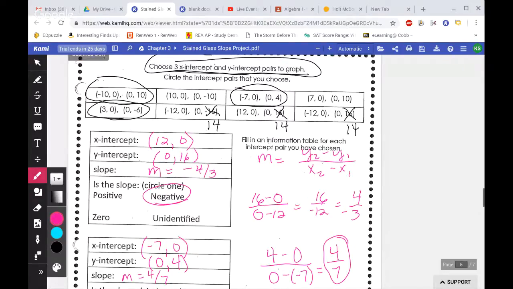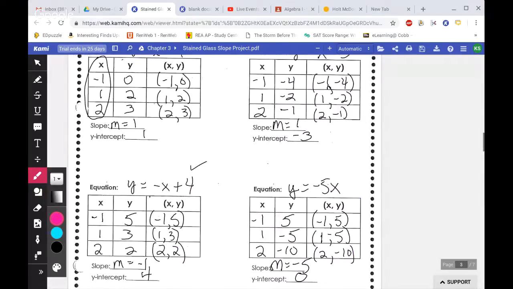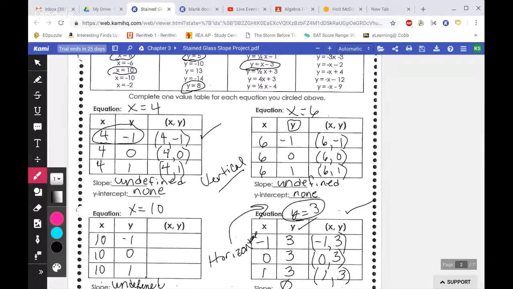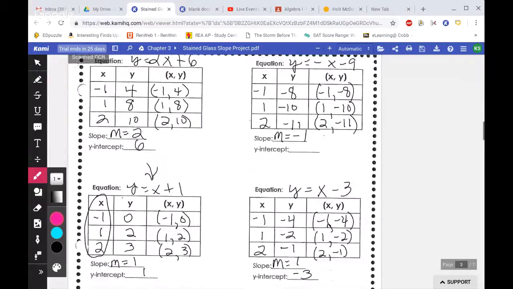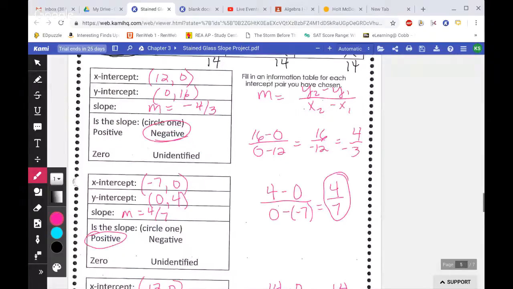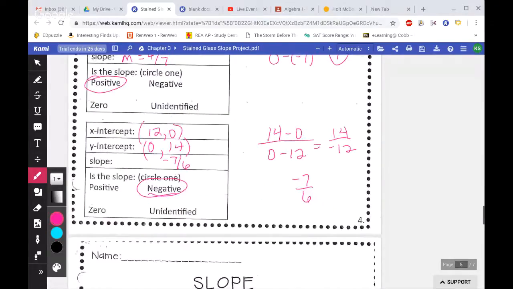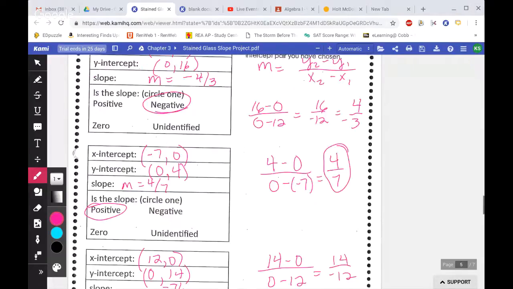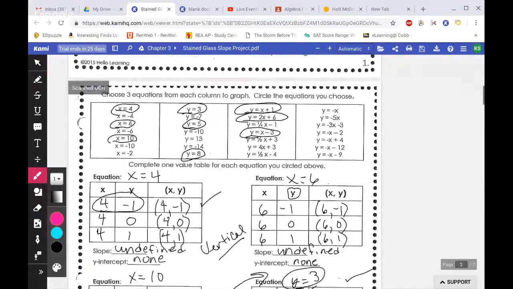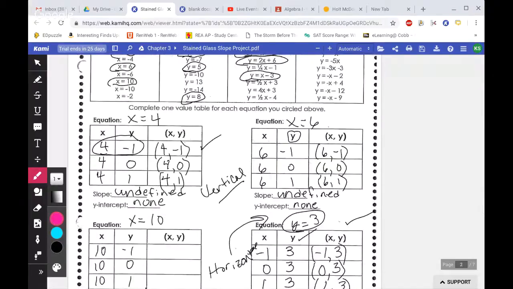You all should come to class tomorrow with page 2 filled out, page 3 filled out, and page 4 filled out. That's all the algebra work. Is there any other one that you all would like me to check?